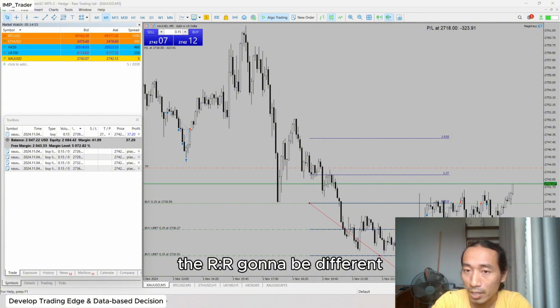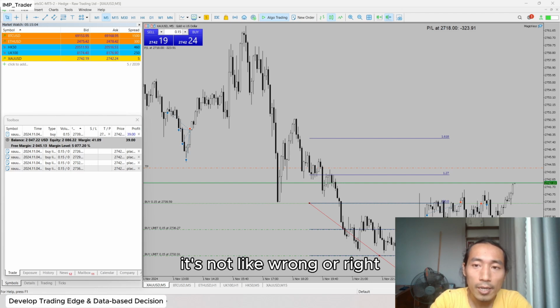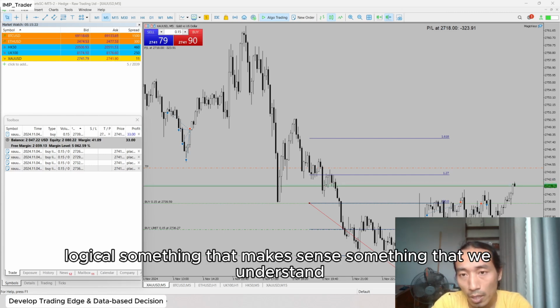The risk reward is going to be different. So targeting or using risk to reward is not wrong or right, but it's about making a decision based on something logical, something that makes sense, something that we understand.